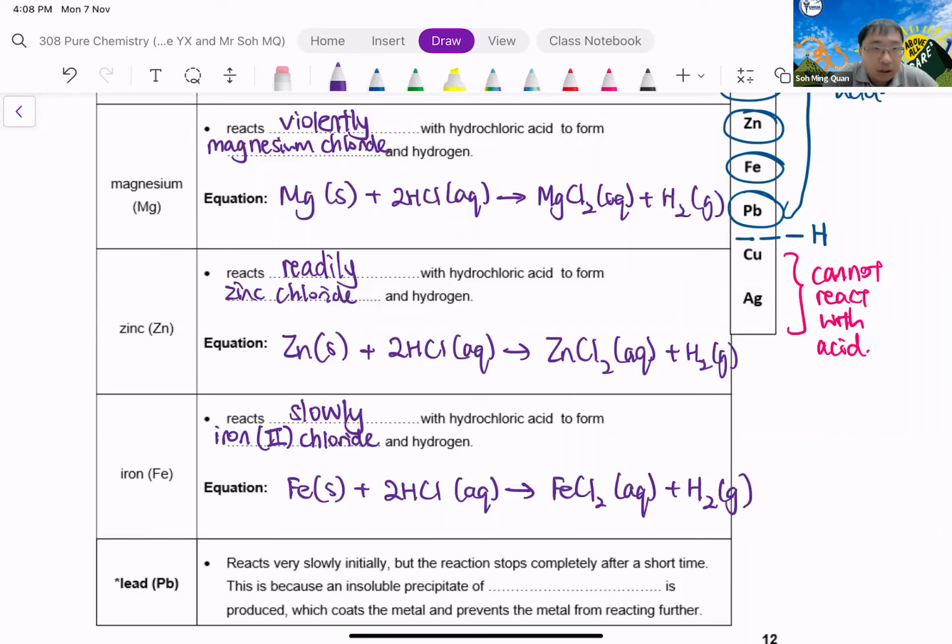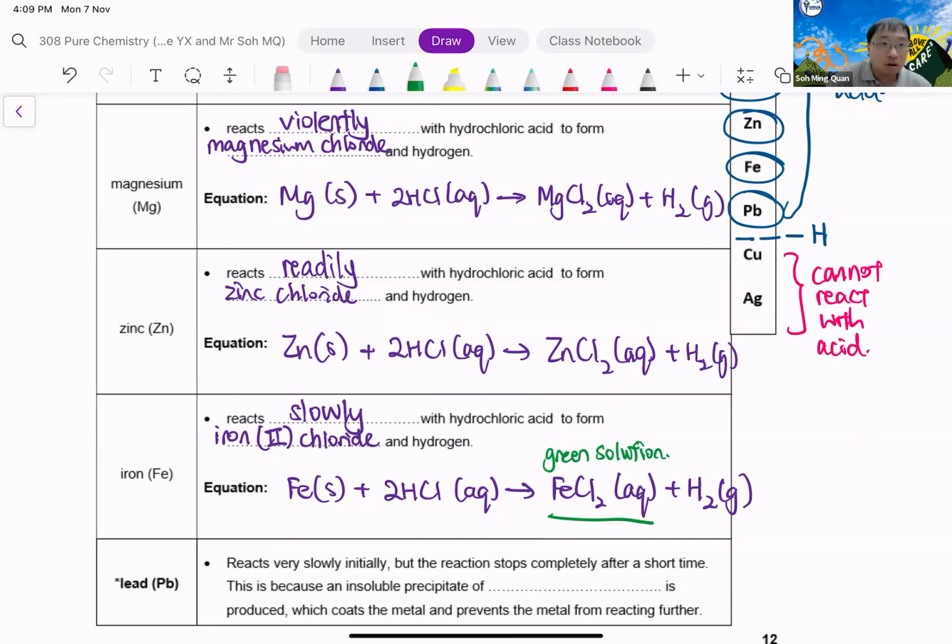Now, most of you will then ask, huh? But I thought iron also has iron 3. You're absolutely right. So my question is, what color is iron 2 chloride? Well, clearly, iron 2 is green. So this is a green solution. But does the green solution remain green forever?